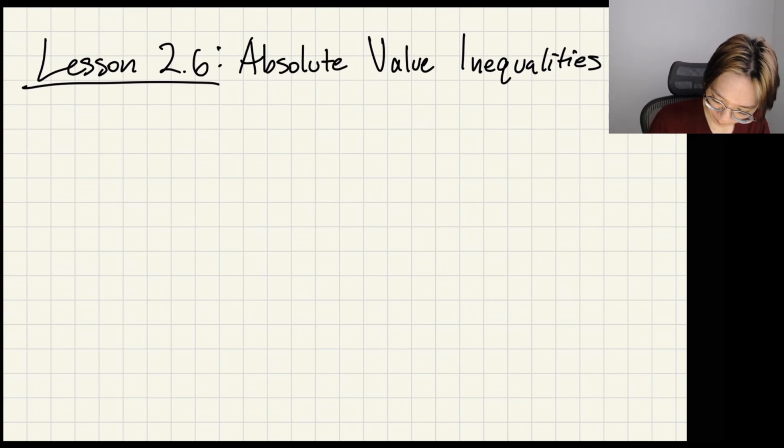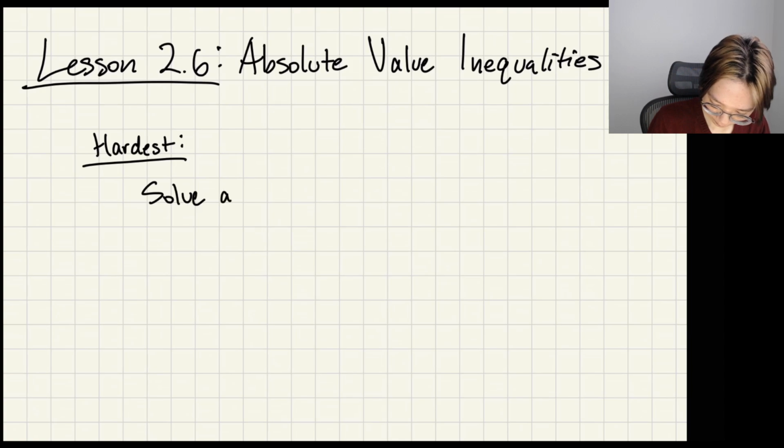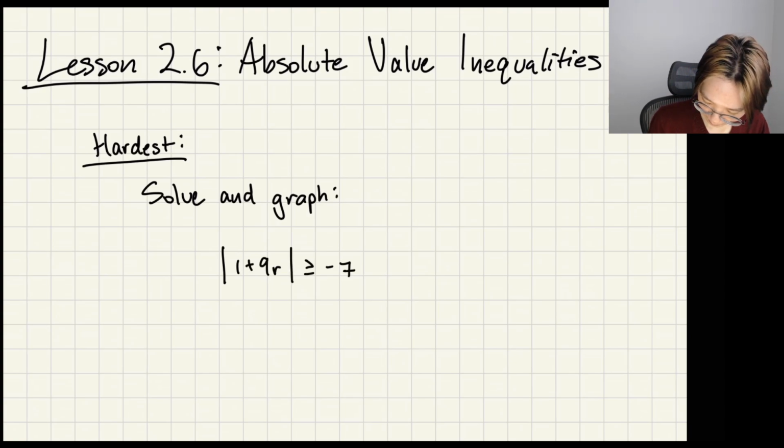But as per usual, here is my hardest problem if you want to try it. Solve and graph. Absolute value of 1 plus 9r is greater than or equal to negative 71.